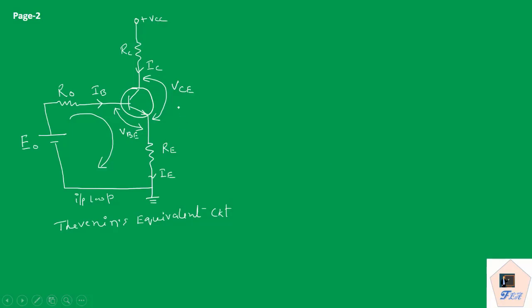If we consider the input loop and apply KVL here, we obtain E naught minus the drop across this, that is IB into R naught, minus this drop VBE, minus another drop we have here, IE into RE. If we add them all, we get 0. That is what Kirchhoff's voltage law says.